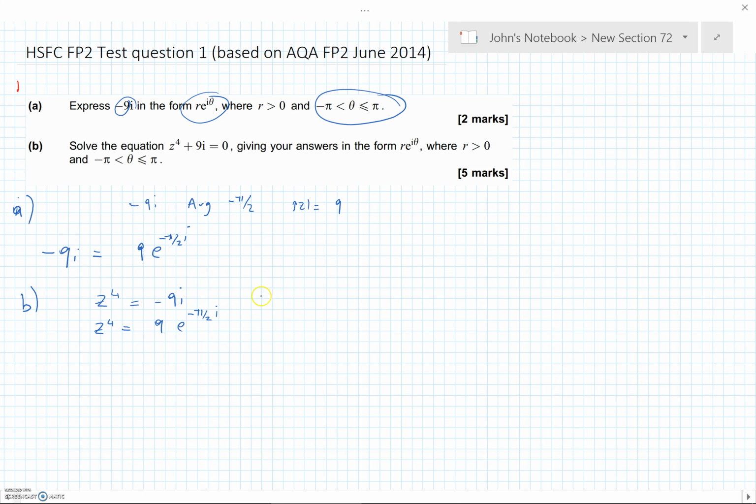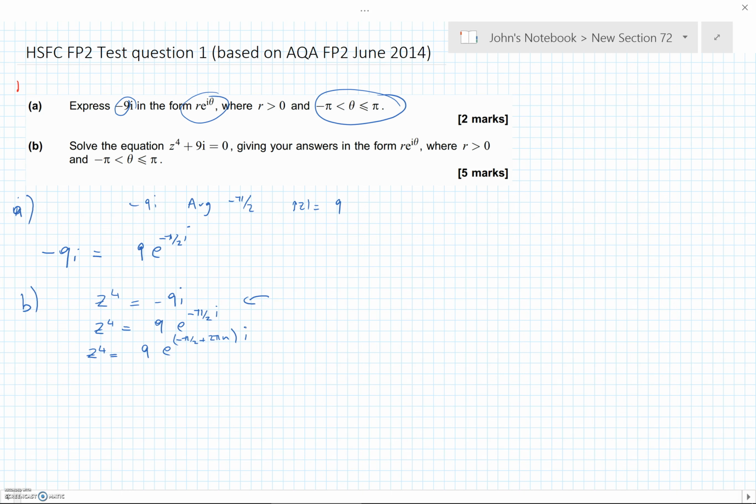So if I add any multiples of 2 pi onto that, I still get the same thing when I evaluate it, because sine and cos graphs both have period 2 pi. So we have z to the 4 is equal to 9e to the i, bracket, minus pi by 2 plus 2 pi n.